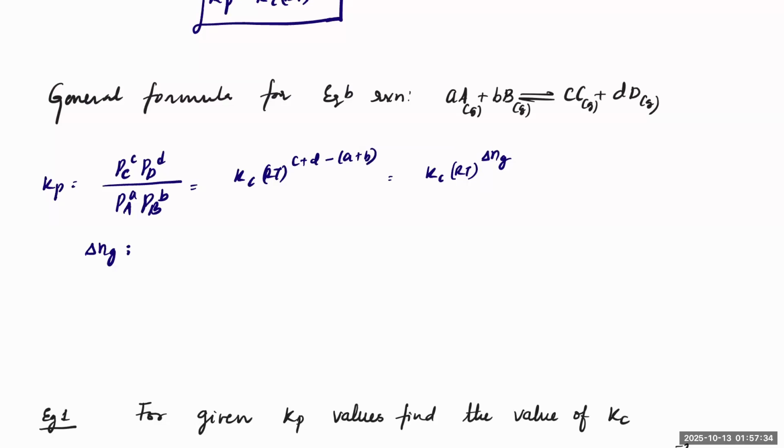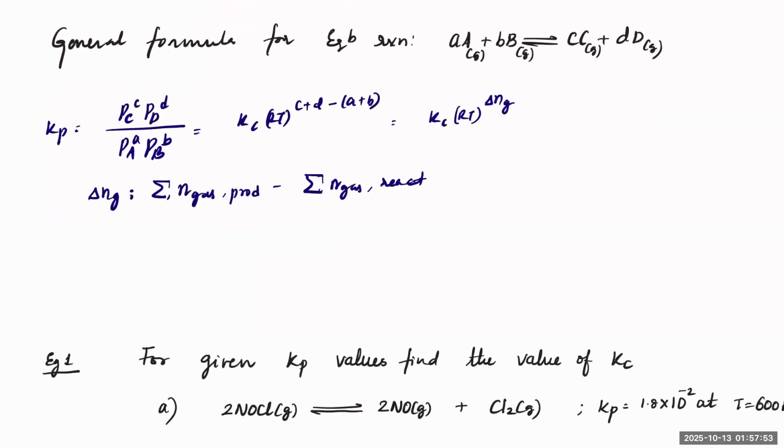That is the summation of number of moles of gases on the product side minus number of moles of gases on the reactant side. Clear? So this is the formula that has to be used here. So Kp is equal to Kc into RT raised to power of delta Ng.